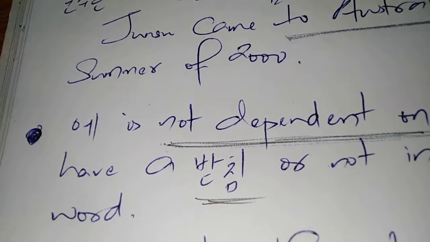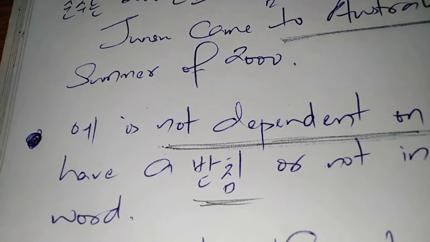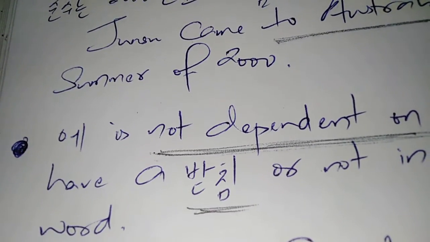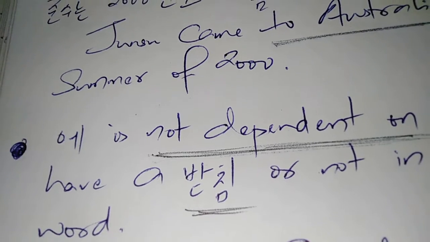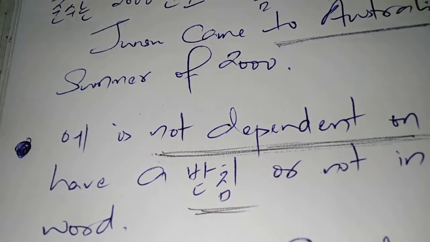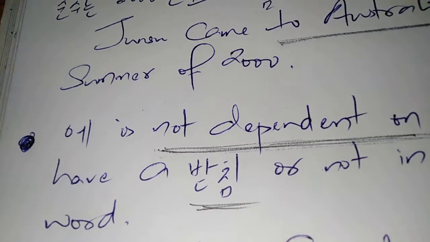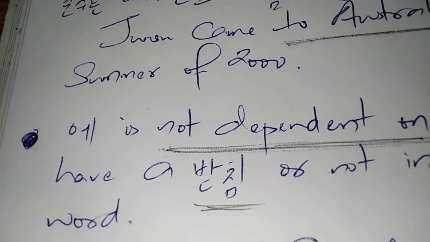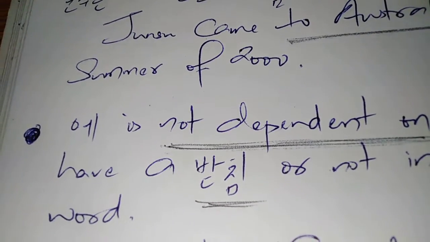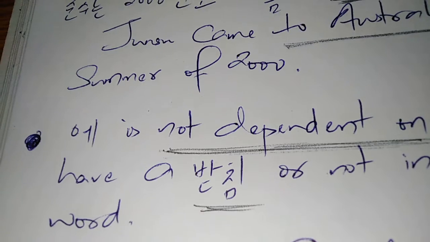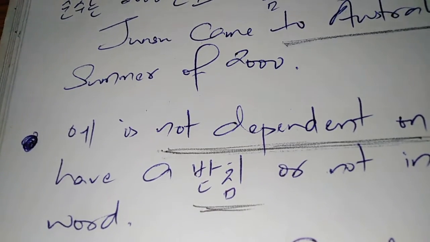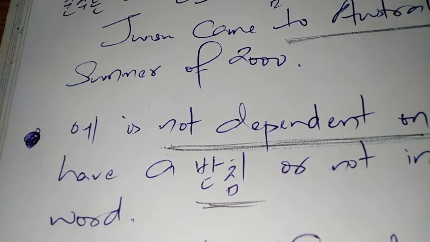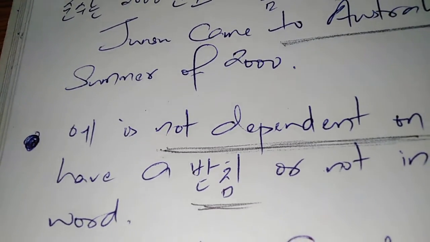And if you don't know what batchim is, I would advise you to go through the last classes, and all those classes are available in order in a playlist, and the link of that playlist is given in the description box. Anyways, coming back to the matter I was talking about, 에, where you use it and how you use it is not dependent on the batchim at all. So that would be, I would say, pretty relieving for first-time Korean speakers and learners.